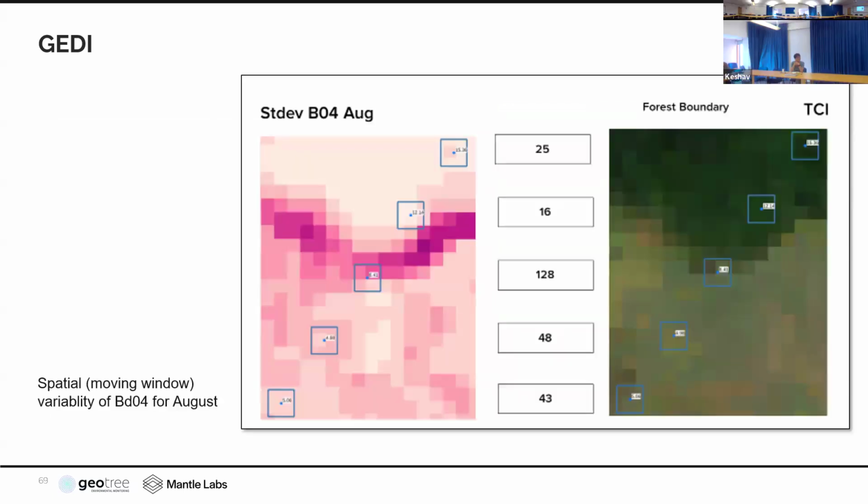A follow-up question: even though I think it's just a canopy height, it's not AGB, right? Yes. So it's a relative height, and it's more than a relative height because it's a difference of two relative heights, as I said, 95 and 10.